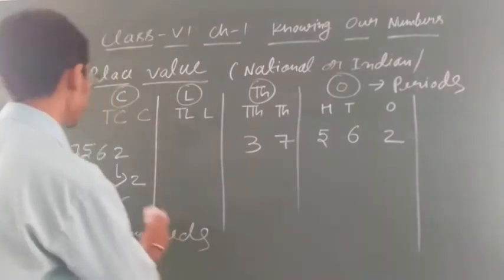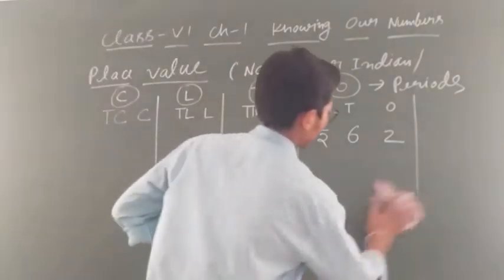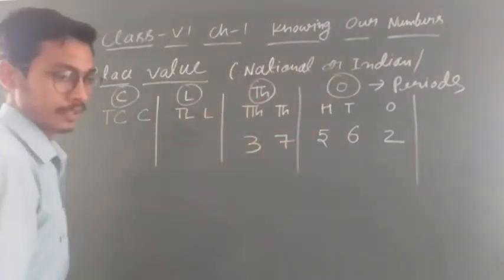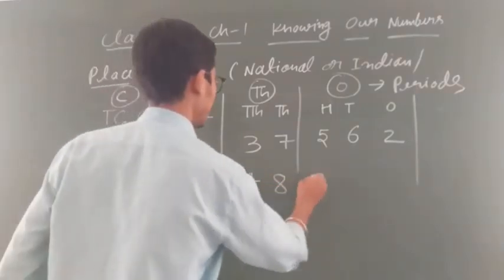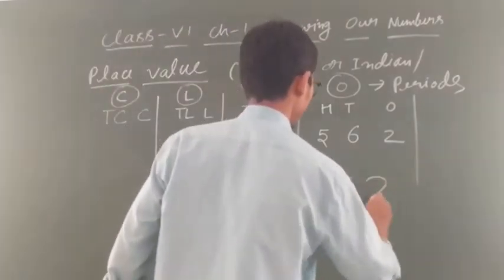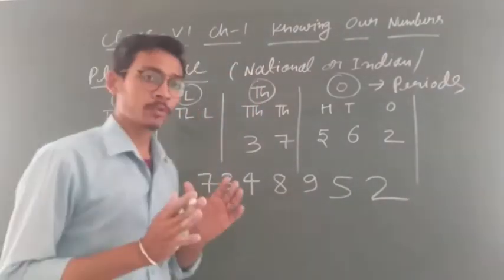Let us take an example, you will understand. If we have to put the comma, the given number is 7348952. Now you have to put the correct comma.